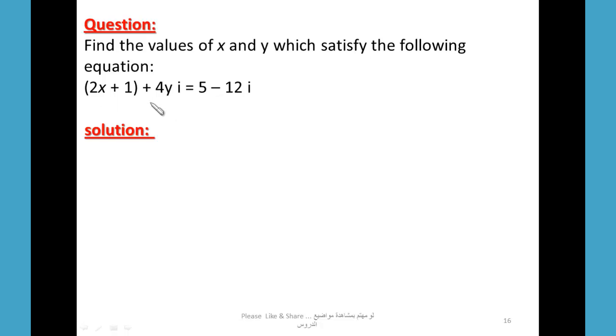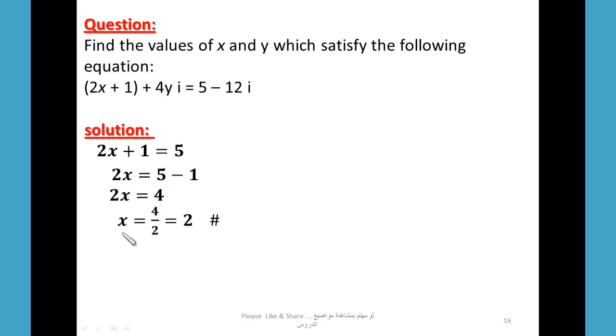The real part equals the real part, and the imaginary part equals the imaginary part. So 2x plus 1 equals 5, 2x equals 5 minus 1, 2x equals 4. Then x equals 4 over 2, which equals 2. And this is the value of x.